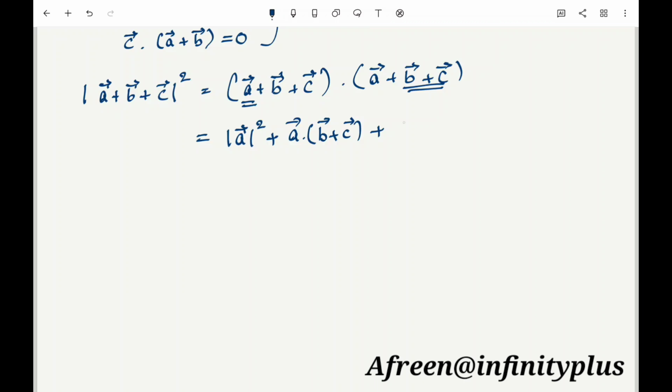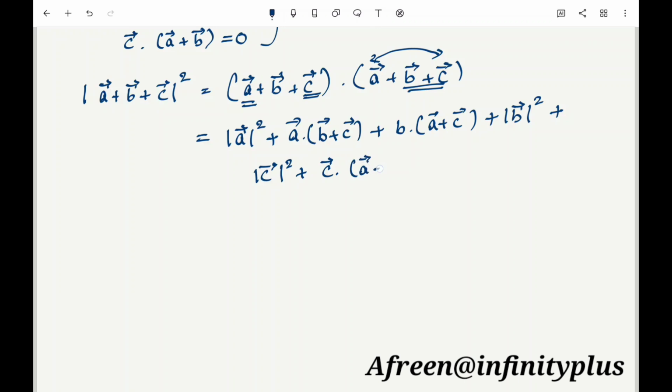So next you have b dot, take these two, which is a plus c, plus b dot b is magnitude of b vector whole square, plus, and the last one is c. c dot c is magnitude of c square plus c dot a plus b.